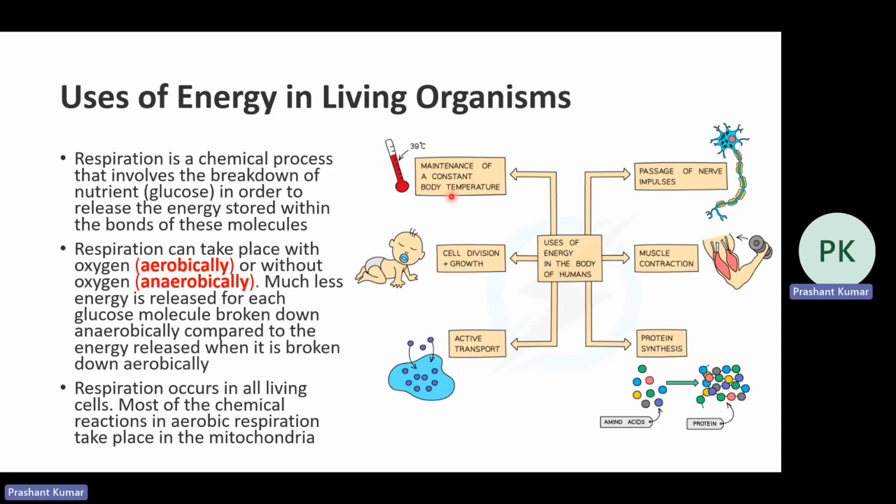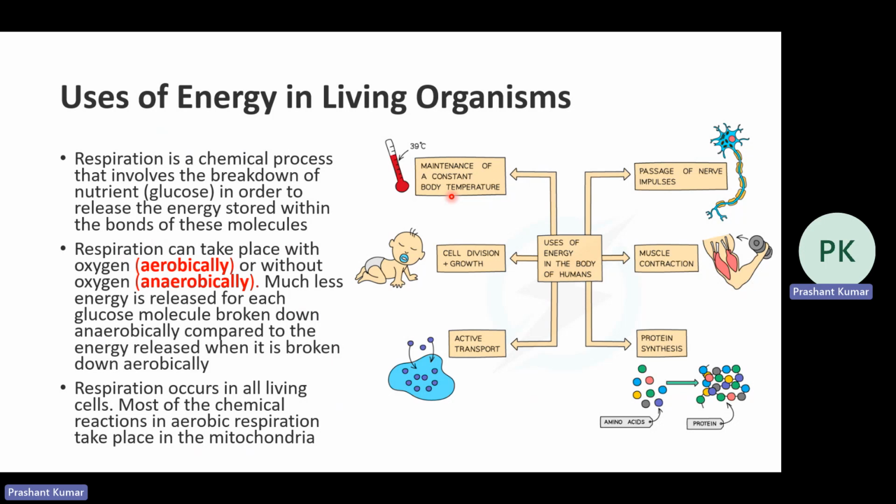After that, cells will take the glucose, and when we breathe, oxygen will go inside the cells. Then oxygen is combined with the food molecule in the cell, and they will respire.